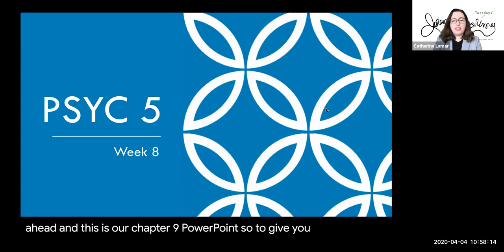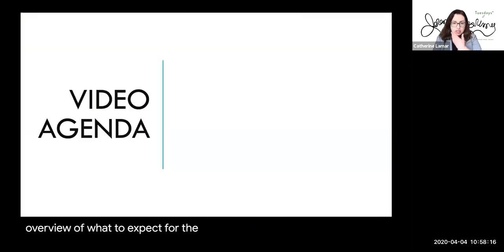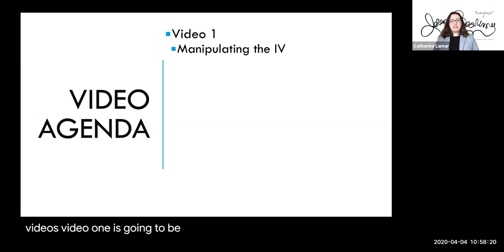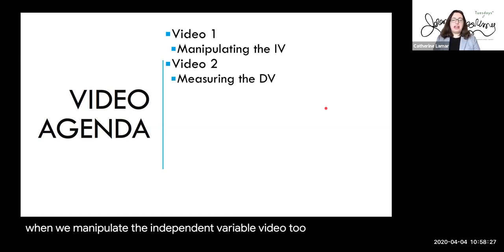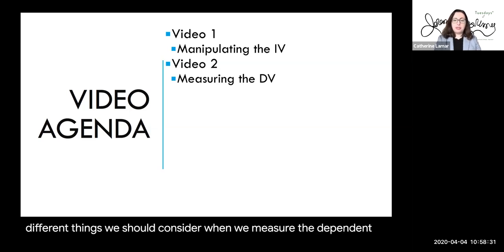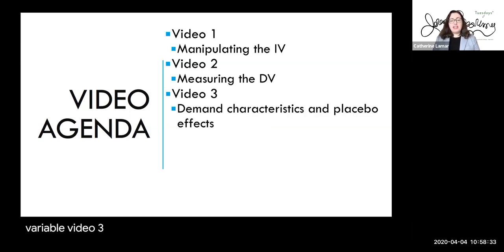To give you an overview of what to expect for the videos this week, we'll have 5 videos. Video 1 is going to be different things we should think about when we manipulate the independent variable. Video 2 is all about different things we should consider when we measure the dependent variable. Video 3 involves some other considerations like demand characteristics and placebo effects.